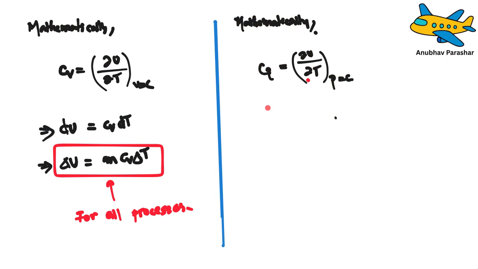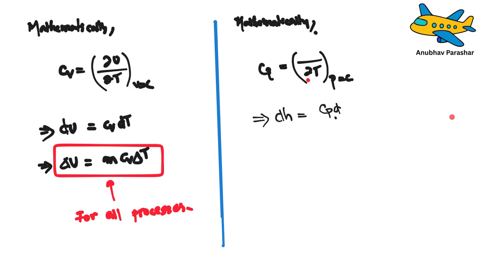Right? So if we integrate it, this becomes del H is equal to Cp.